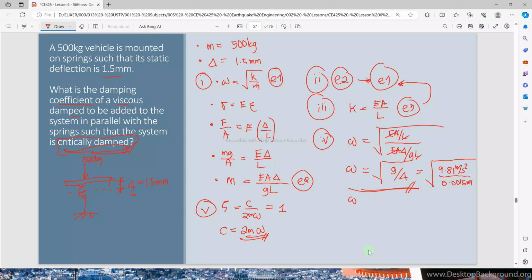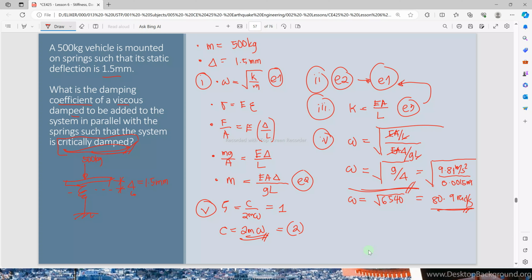Then we will have our natural frequency omega, which is equal to the square root of 6,540 per second squared, or equal to 80.9 radians per second.